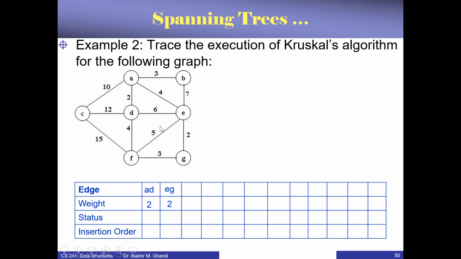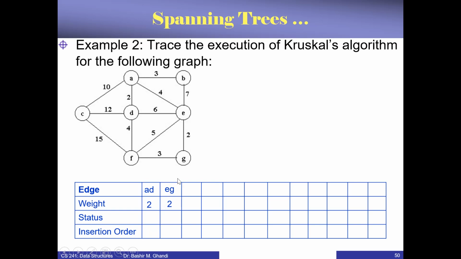The second point to note is when you are sorting them, if they have the same weights, which one will appear first based on the name of the edge? Obviously AD will appear first before EG because A comes before E. This is also important because it will determine which of these edges we accept.